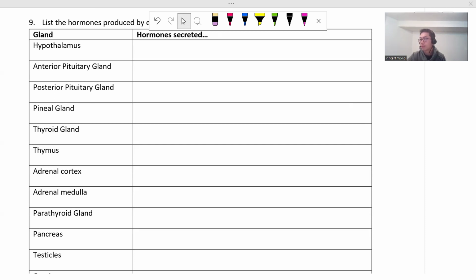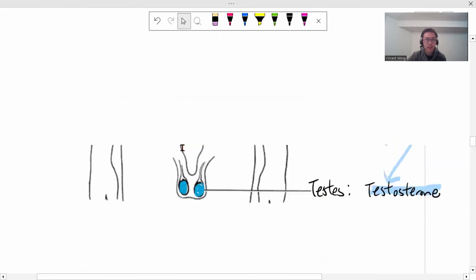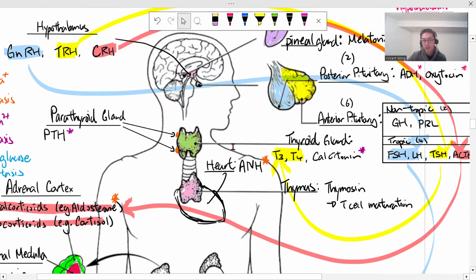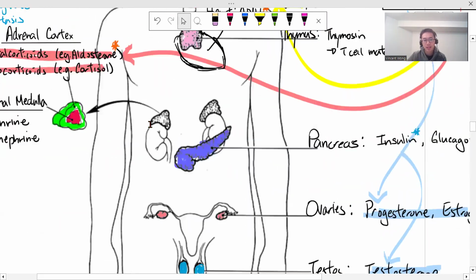Yes, go ahead. Sarah says T3, and if you know T3, you know the other one, T4. That's right. So the thyroid gland makes calcitonin, T3, and T4. So just fill it in yourself. You can do it. Just look at the diagram and match it up yourself. I already posted this last class anyway.